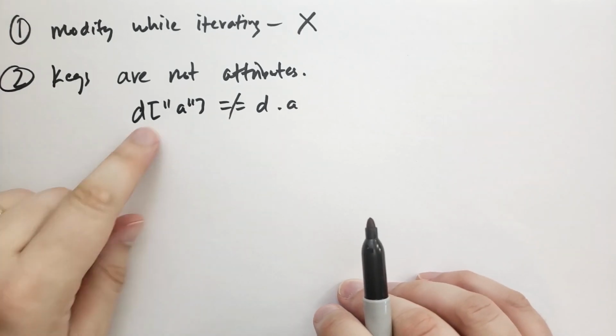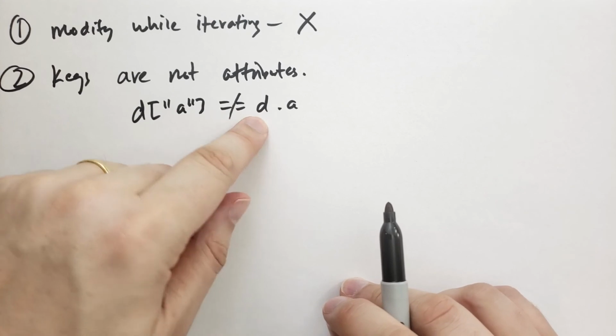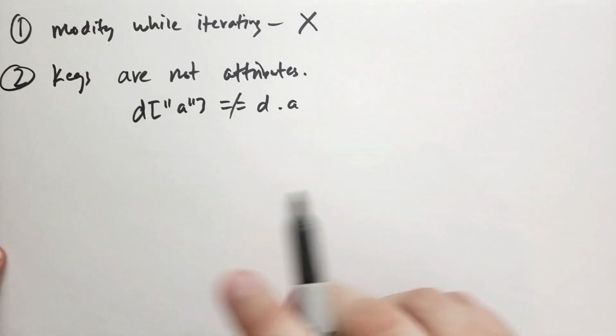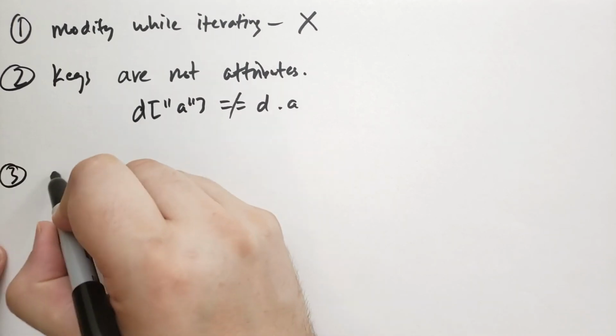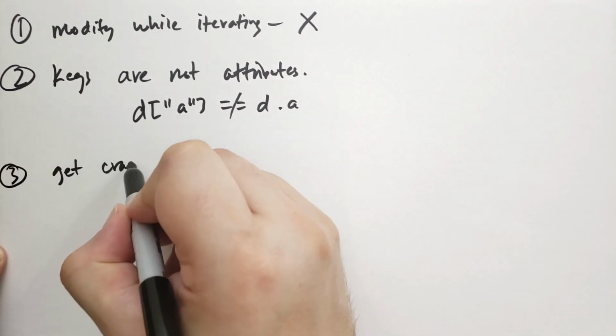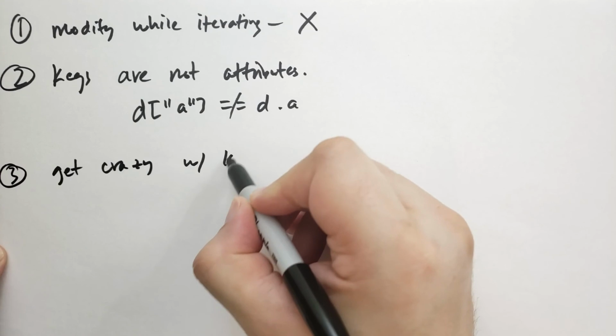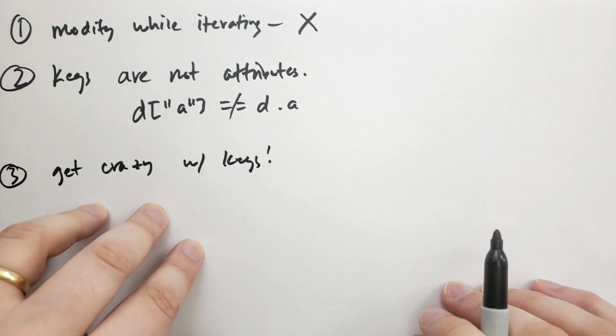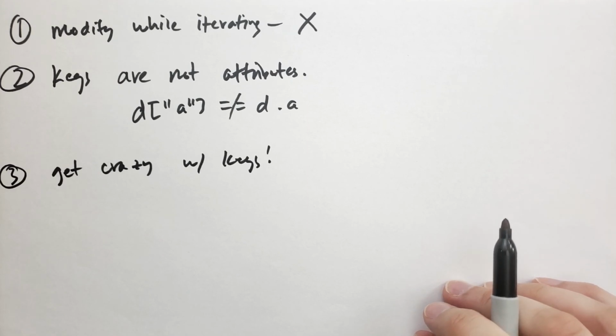So try to keep in your mind that accessing the keys of a dictionary is not quite the same as object access. And finally, one more rule of thumb is to get crazy with the keys. There's a lot of experimentation you can do using tuples as keys and using some other objects as keys as well. Get very imaginative and try out different things and see what works.